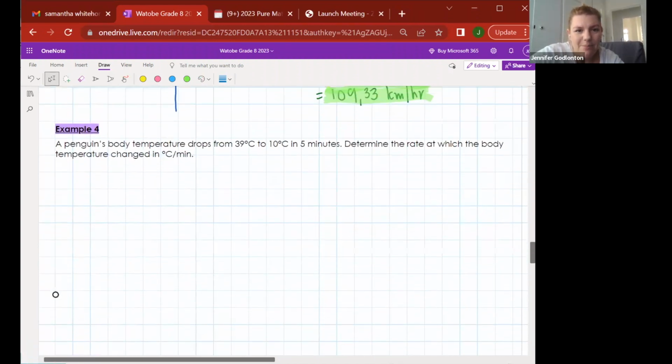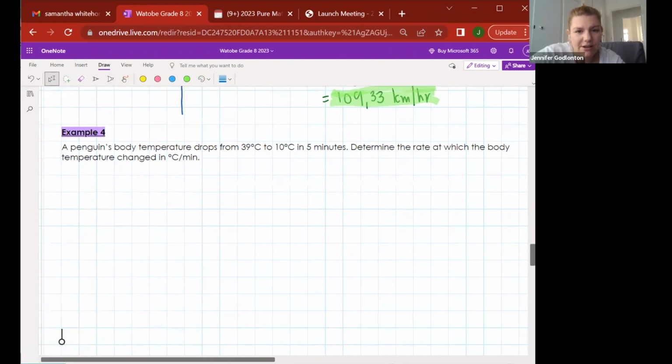All right. A penguin's body temperature drops from 39 degrees to 10 degrees. I'm just going to highlight these as we go. From 39 degrees to 10 degrees in 5 minutes.